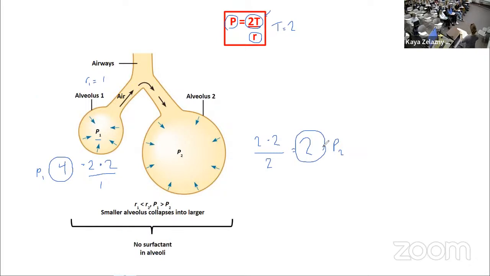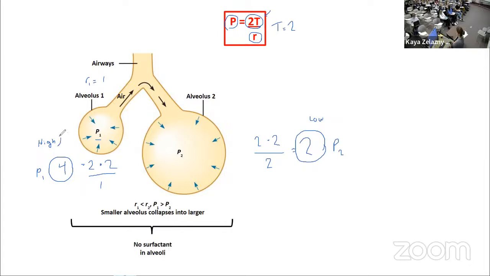We see a gradient here, and a gradient is really just a difference. In this example, we have a higher pressure in this small alveolus compared to a lower pressure in this larger alveolus, just because of this relationship with the radius, with the size.